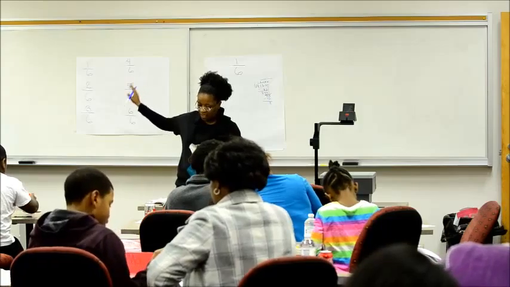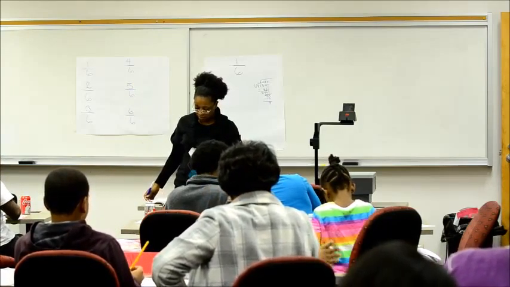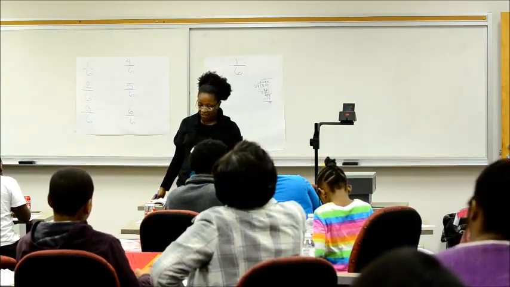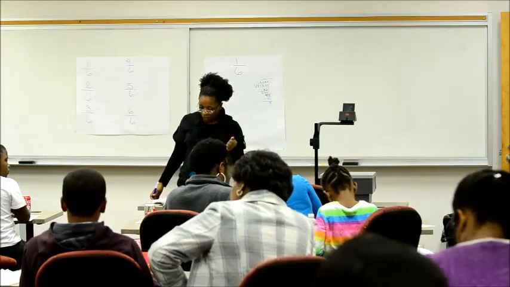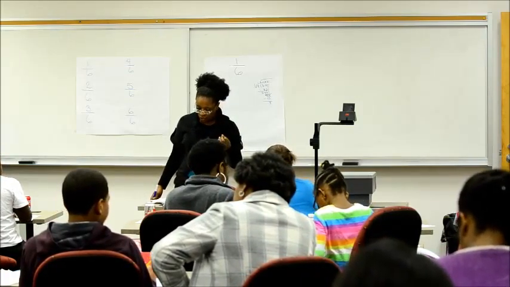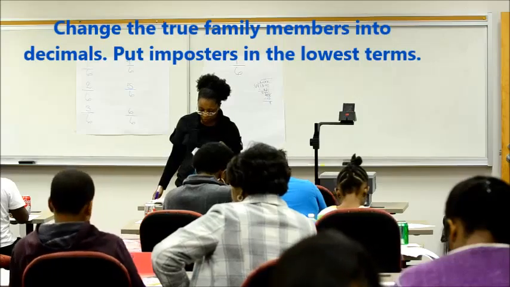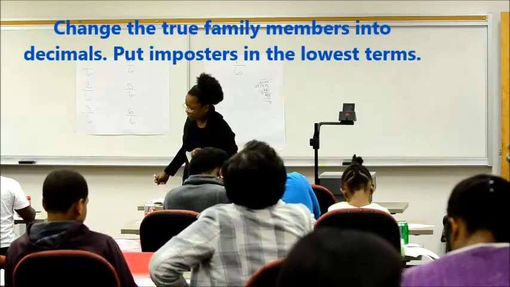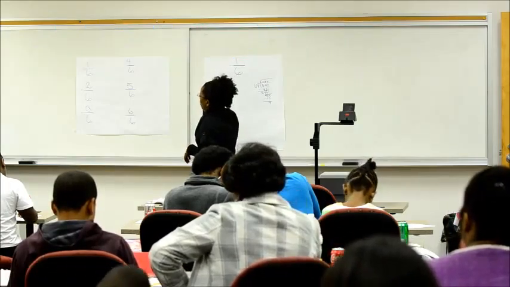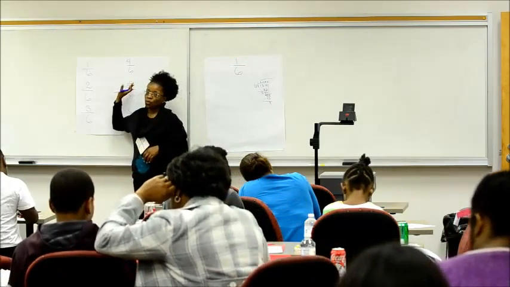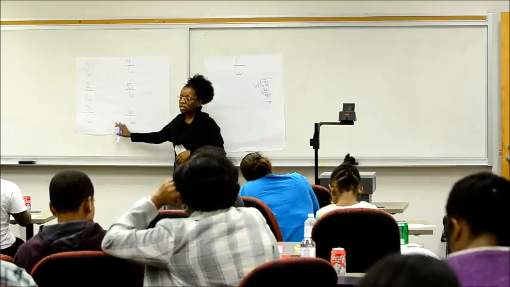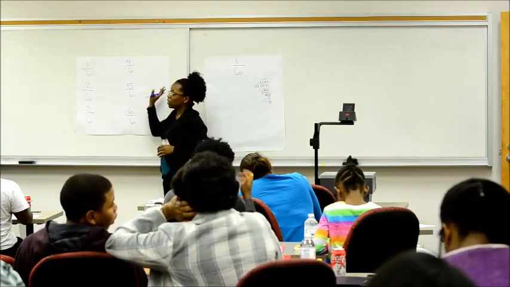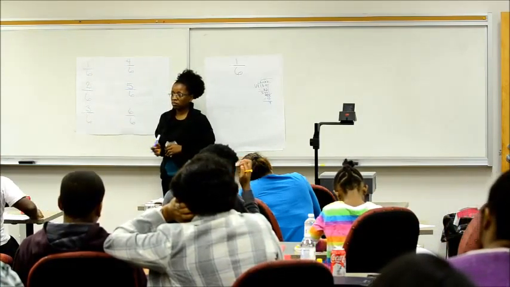You have 1/6, 2/6, 3/6, 4/6, 5/6. You're going to use a calculator to change the true family members into decimals. Can anyone tell me which one of these will be in lowest terms? Reginald, which one would you have in lowest terms?